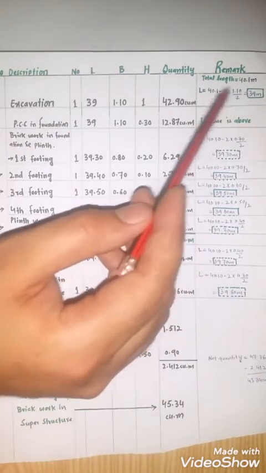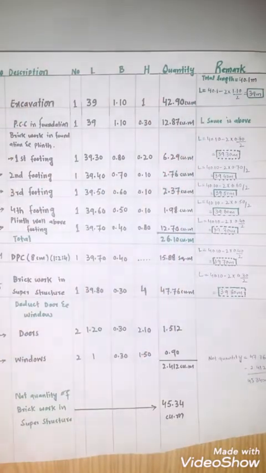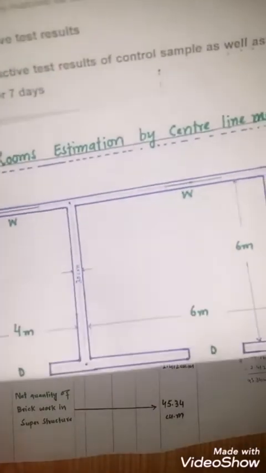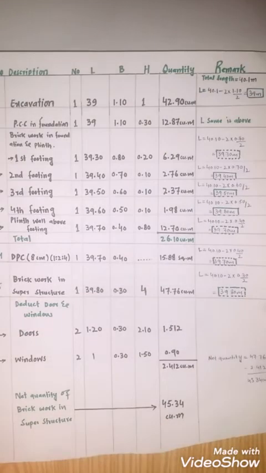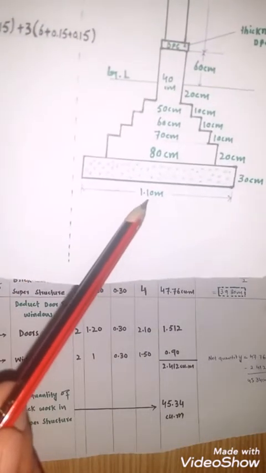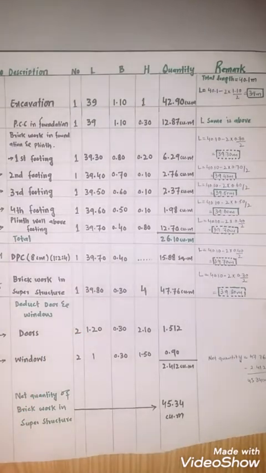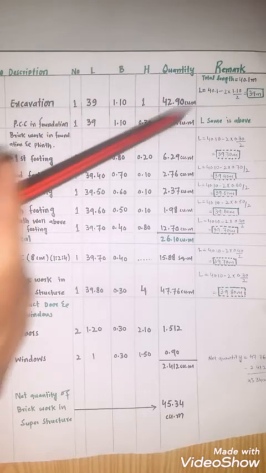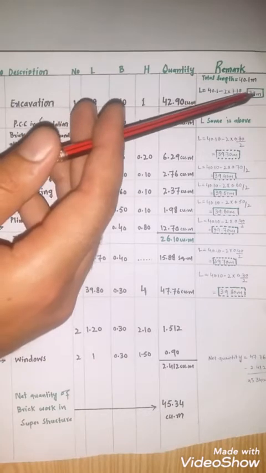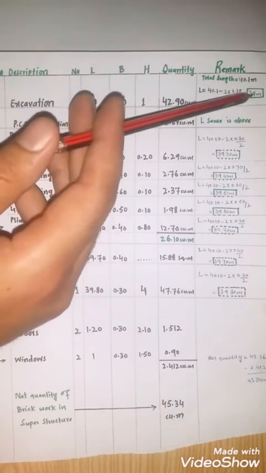This is the T junction deduction, because the number of T junctions is 2, and the breadth of excavation is 1.10 meter. I divide by 2 because we subtract the half breadth of the trench. Length is equal to 39 meter. This is length without T junction.